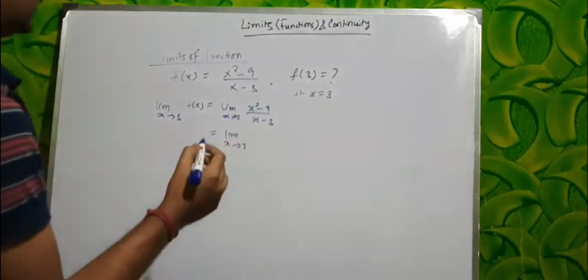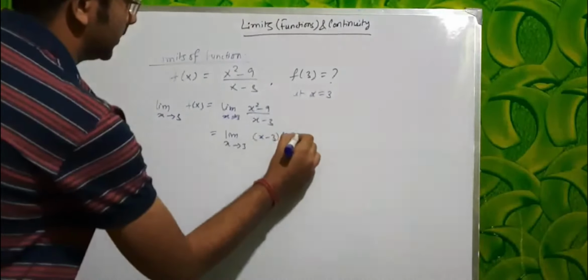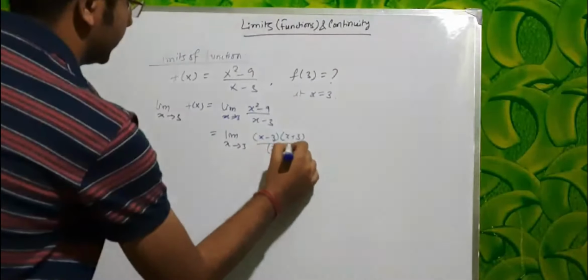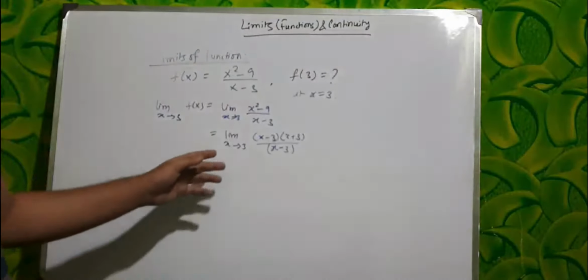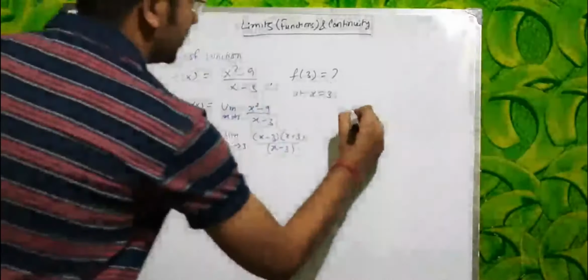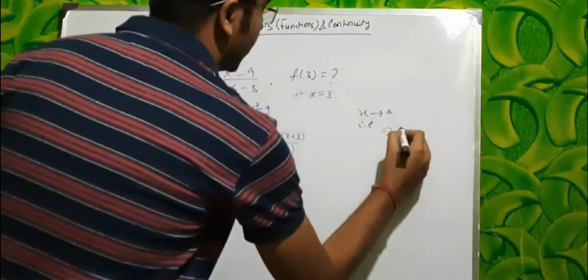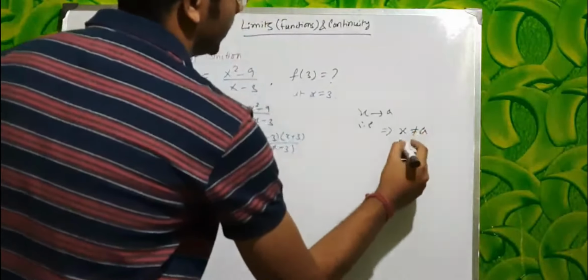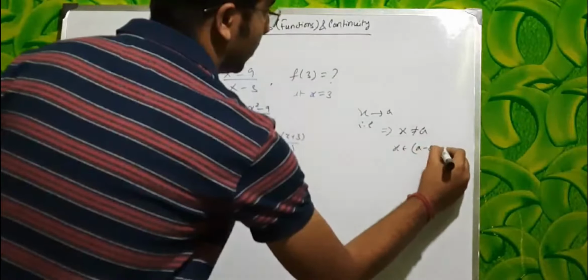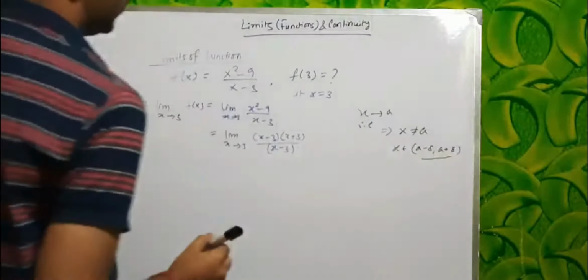We break the above expression in this form, that is, (a minus b) into (a plus b). Since x is approaching 3, x is not actually equal to 3. When we say x is approaching a, it actually implies x is not equal to a. So x is in a nearby neighborhood of a, x belongs to that small neighborhood of a.